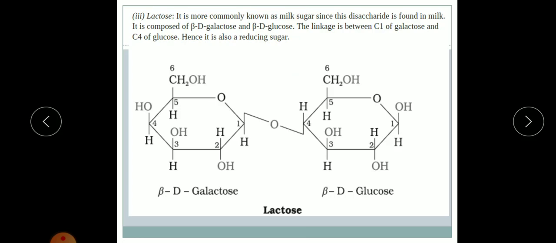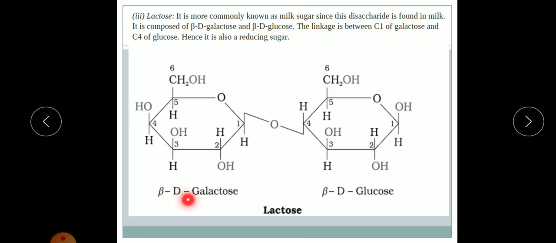Now, on hydrolysis of lactose, it will give you beta D galactose. Galactose is also an isomer of glucose. Say for example, we have got fructose and glucose, the functional isomers. So similarly, galactose is also of the same kind. Okay, it's another form of isomers.